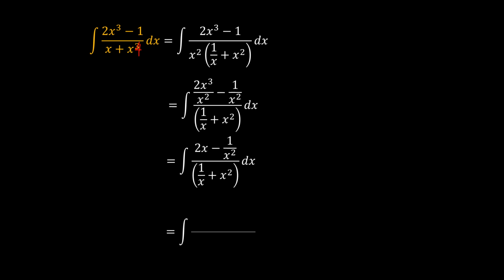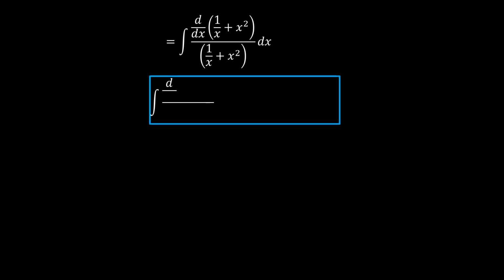So essentially what we have in the numerator is the derivative of the denominator, and we all know that if you have an integral of a fraction for which the numerator is the derivative of the function in the denominator, then the integral is the natural logarithm of that function in the denominator plus c.